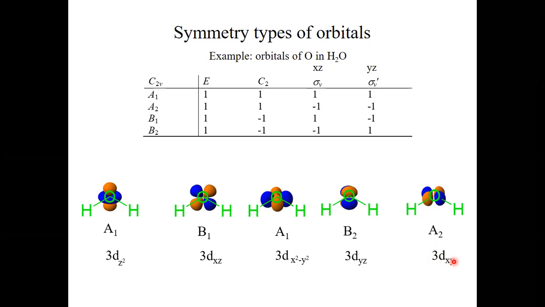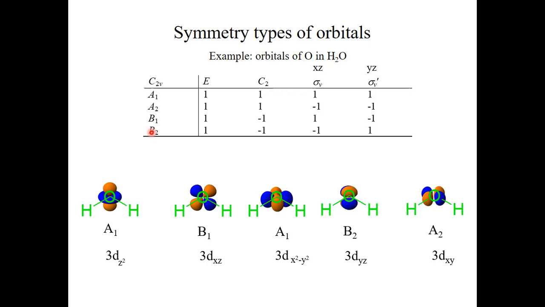Okay, so now that raises the question: how many symmetry types can there be for any mathematical function? And the answer is that it depends on the point group. For the point group C2V, it's exactly these 4 symmetry types: A1, A2, B1, and B2. And that means that any mathematical function must belong to these 4 symmetry types.